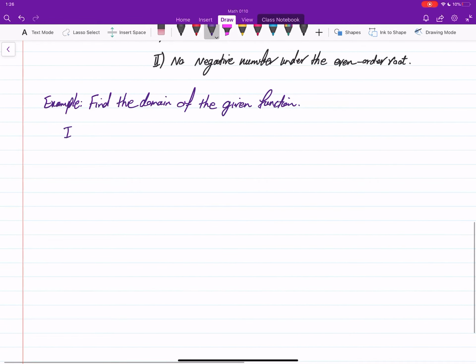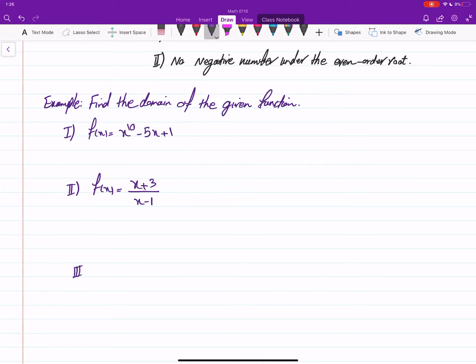One is f(x) = x^10 - 5x + 1. The second one is f(x) = (x + 3)/(x - 1). And the third example is f(x) = root of (2x - 1). Okay, let's do this one.